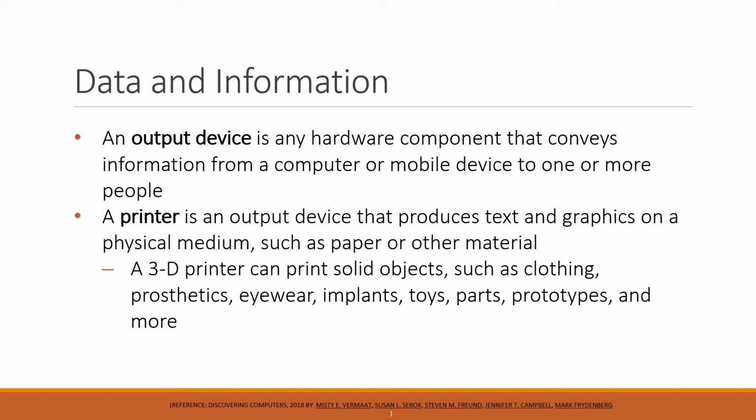A printer is an output device that produces text and graphics on a physical medium like paper or other material. There are different types of printers as you go along with the different learning activities posted in your Blackboard. You'll be able to explore different types of printers and output devices, as well as discussions of different input devices and storage devices.